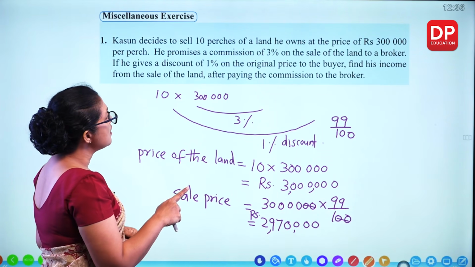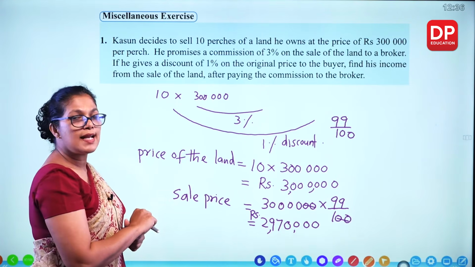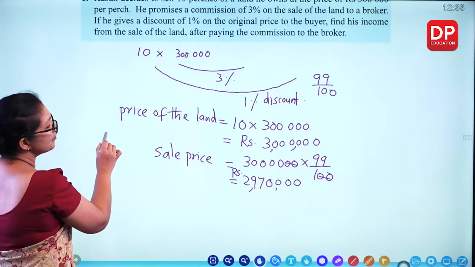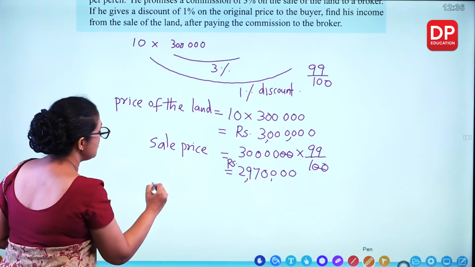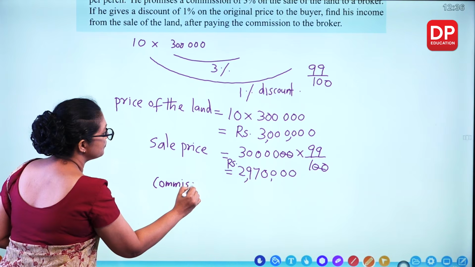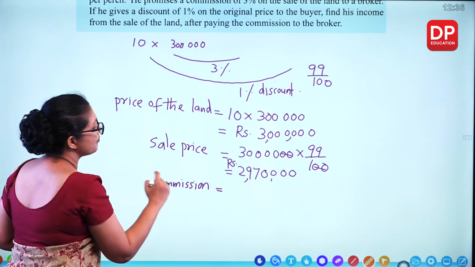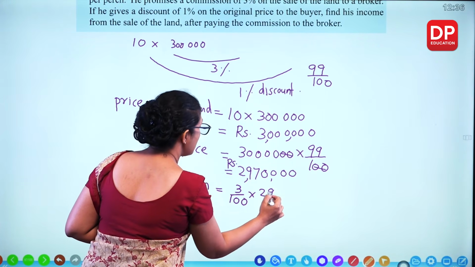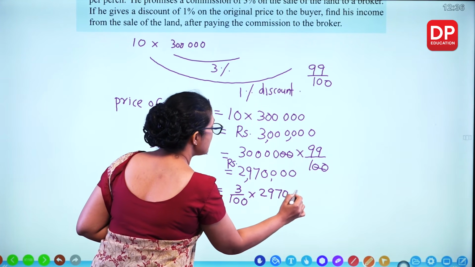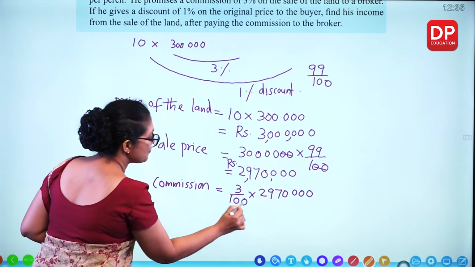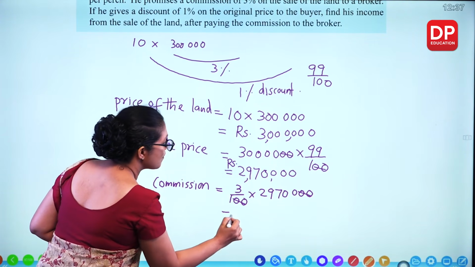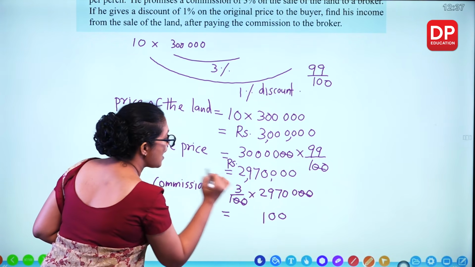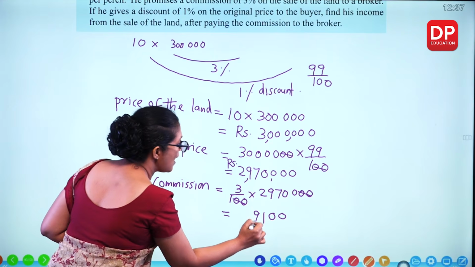Now the commissioner gets 3% from the selling price. So what's the commission value? So the commission value is 3% of 2,970,000 rupees. 0, 0, 3 times 7, 21. 3 times 9, 27 plus 2, 29.